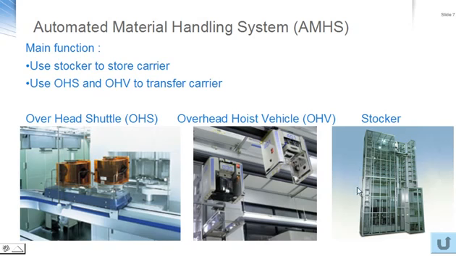You can stock your carriers in here, and then use OHS and OHV to transfer carriers. This is the OHS, overhead shuttle, and this is the OHV, overhead hoist vehicle. Here is a hoist mechanism, and it carries a FOUP in the OHV. You can see that is a FOUP in the OHV.